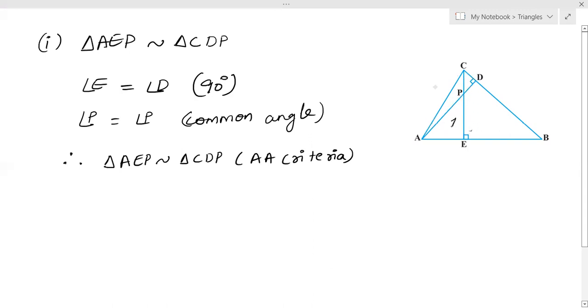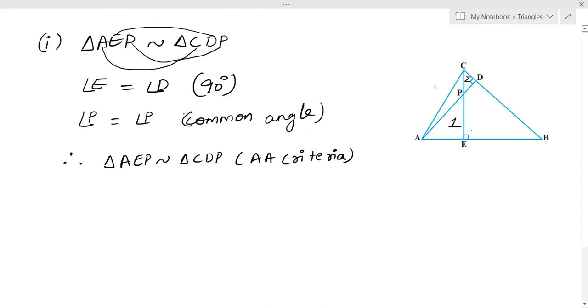Let me write triangle number 1 and triangle number 2. We have to prove these two triangles are similar. As I told you, the first alphabet, angle A, will be equal to C. Angle E will be equal to D. And angle P will be equal to P. We have to just find the reason.